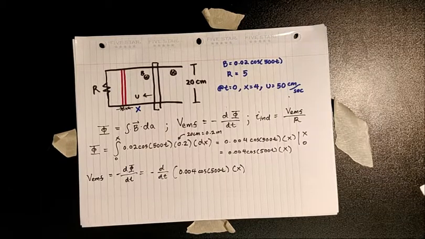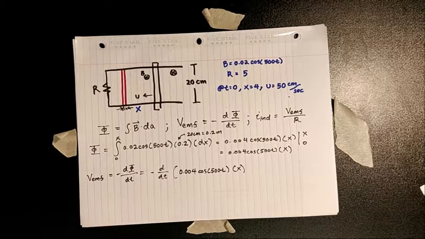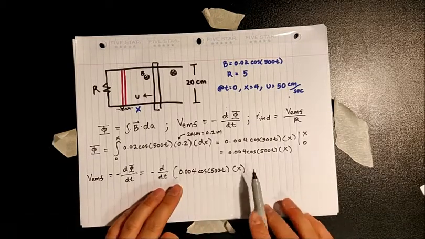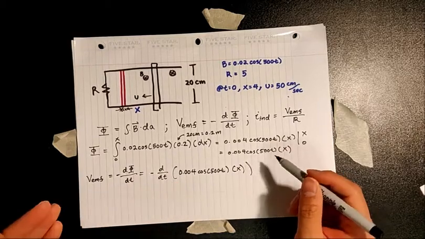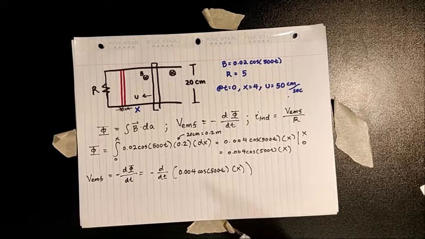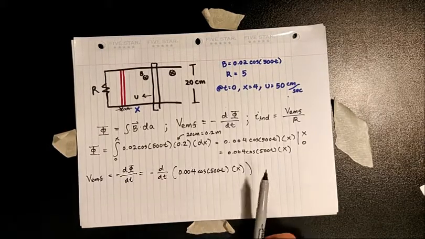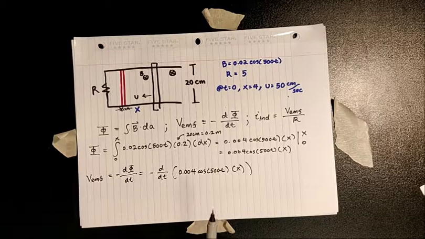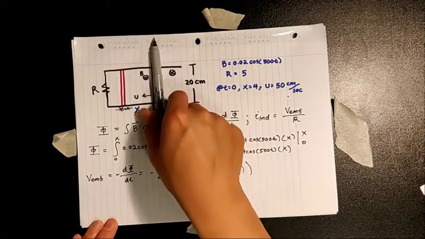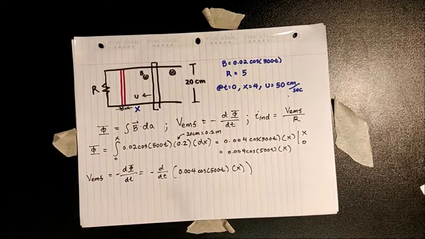Now, I think it's a common mistake, well for me it was, where I just looked at this and saw that the only thing I have to differentiate is cosine, because the t is in here. But that's not exactly true, because x is a variable that changes with respect to time also. As this copper wire moves, x is also a function of time.